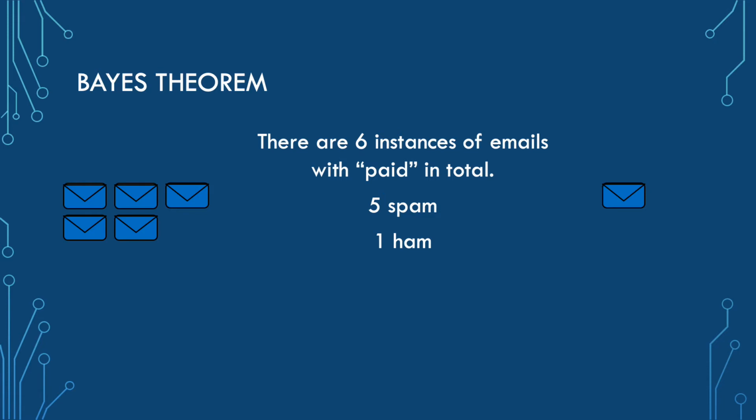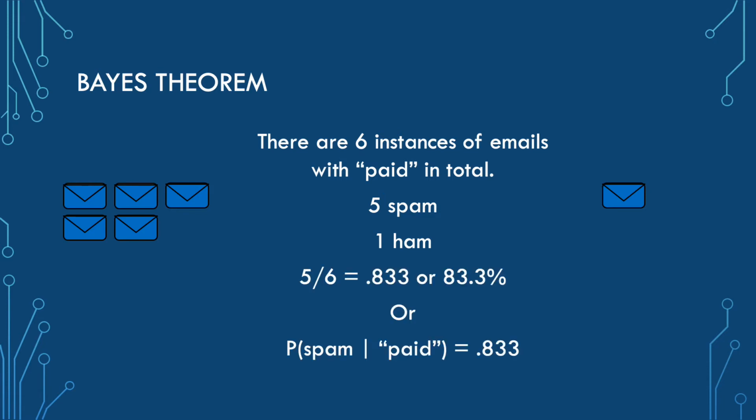So the probability that an email that contains the word paid is spam is simply 5 divided by 6, or 0.833 or 83.3%. That is, in probability terms, the probability that an email is spam, given that we know that it contains the word paid, is 0.833. This would mean then that if we get a random email that contains the word paid based on our sampling that we have shown, there's an 83.3% chance that it is spam.